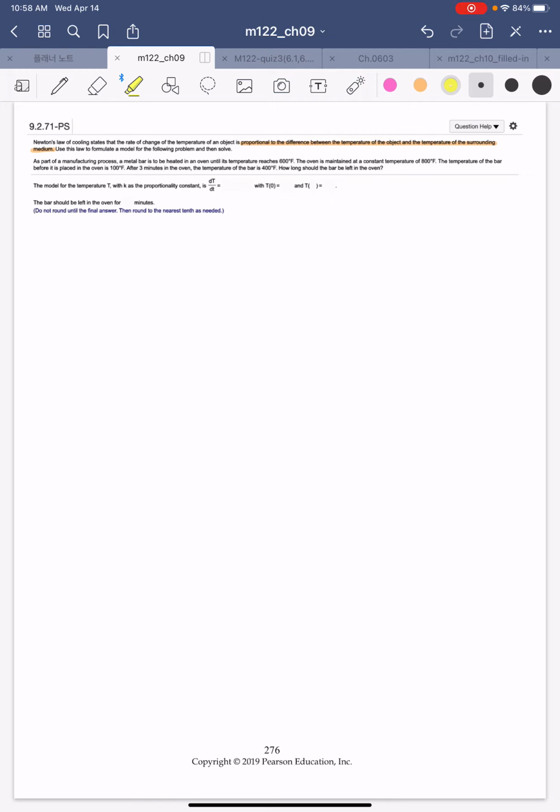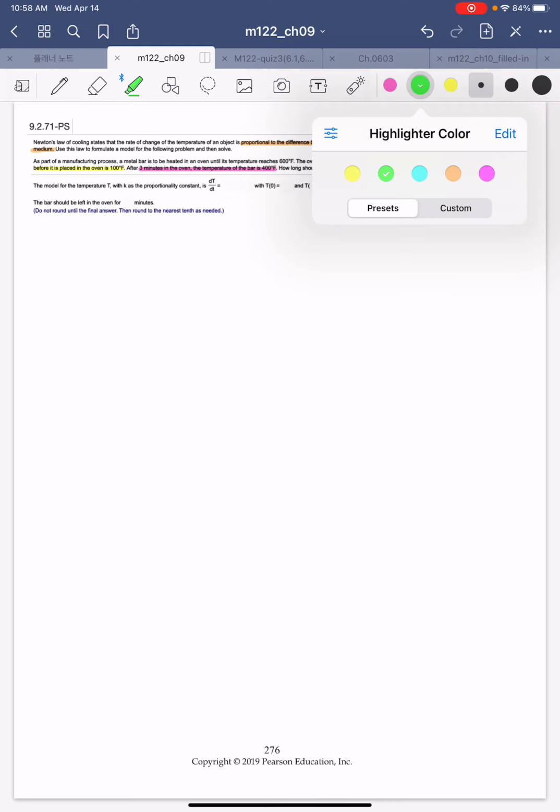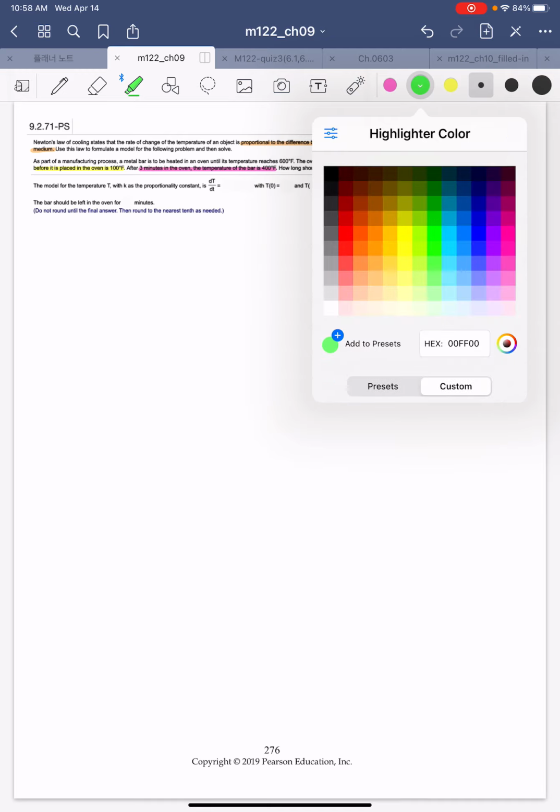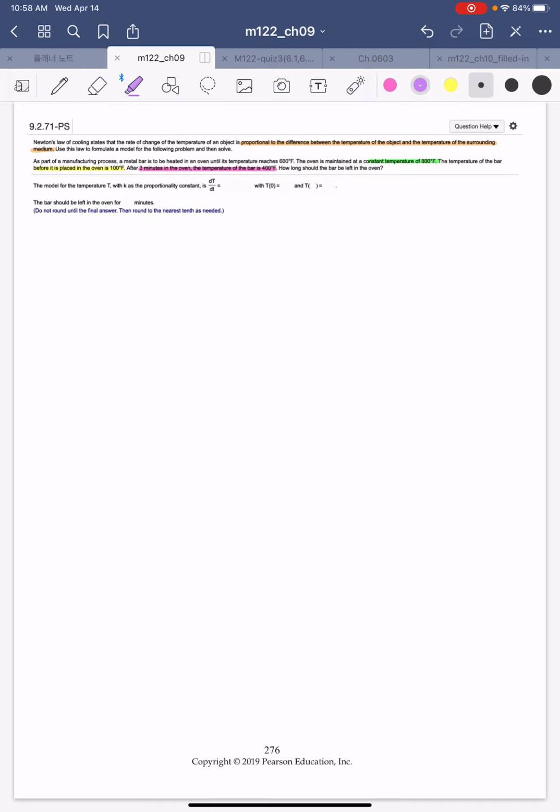The temperature of the bar before it's placed in the oven, so initially it starts out at 100. After 3 minutes, the temperature rises to 400. Then we have a constant temperature of 800. And finally, we want to know how long the bar should be left, so t when the temperature reaches 600.